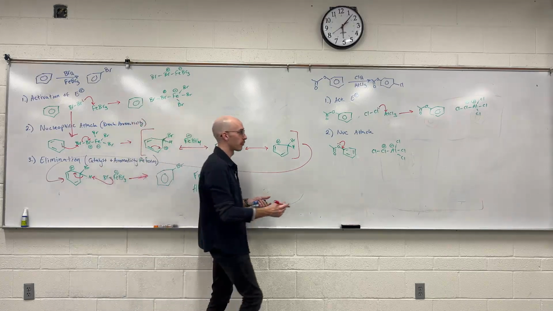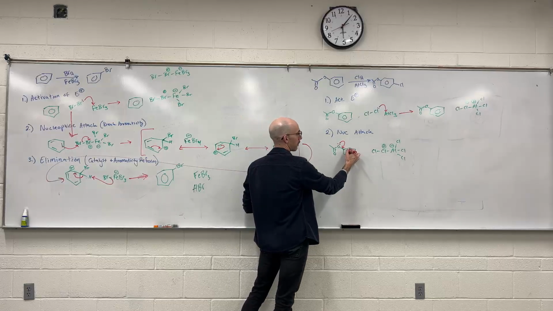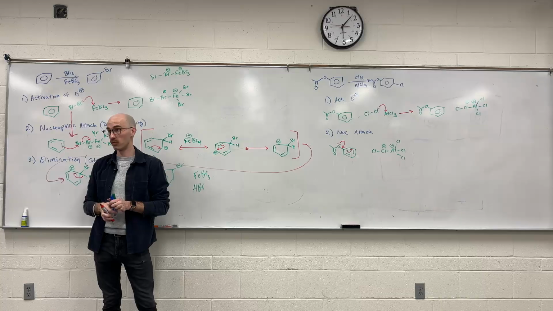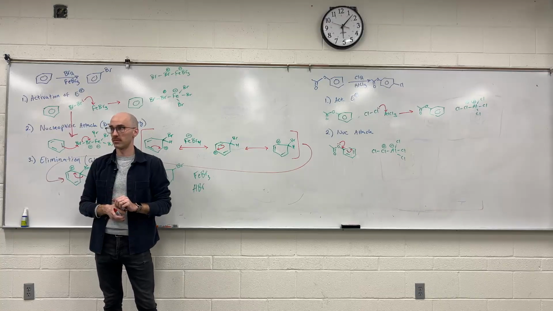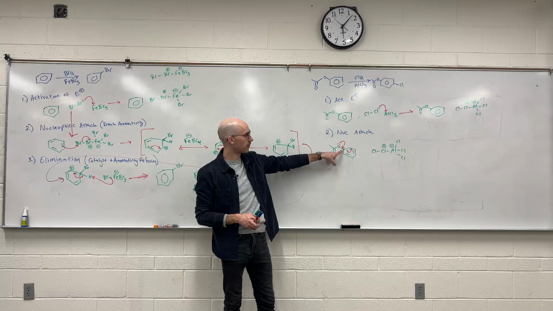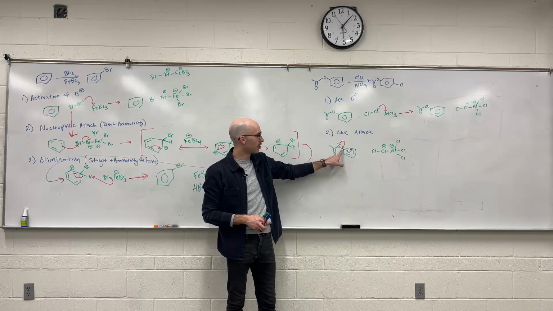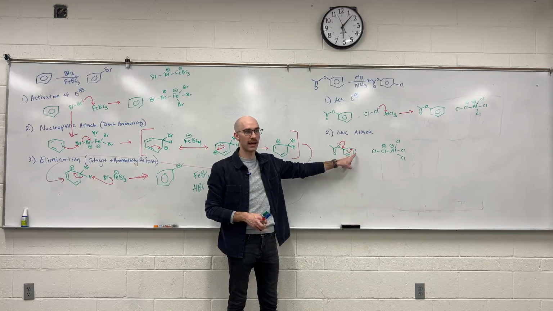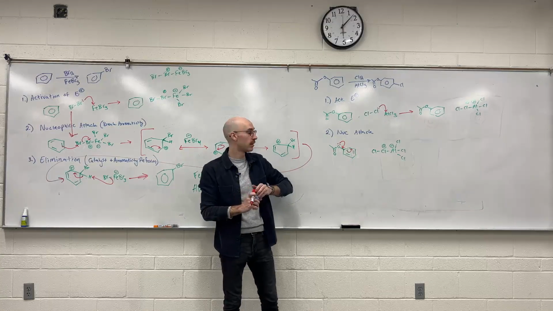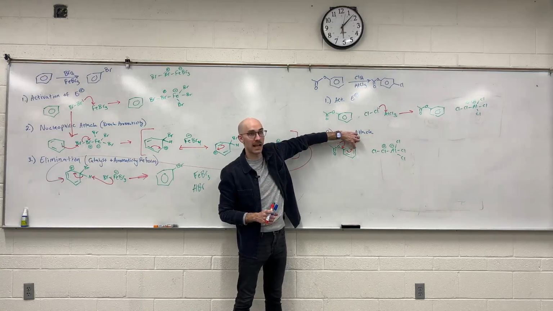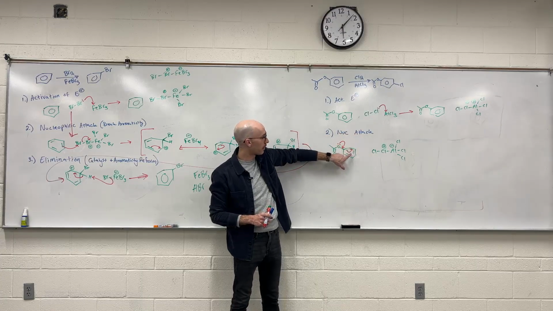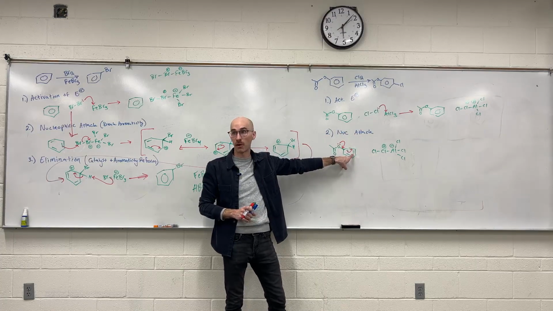So the pi bond in the ring now needs to move. There's only one way that it can move. This carbon needs to lose the electrons, so the pi bond in the ring shifts to the other carbon that has the pi bond. That's going to cause another problem because this carbon is now going to have too many electrons, so this pi bond needs to break.